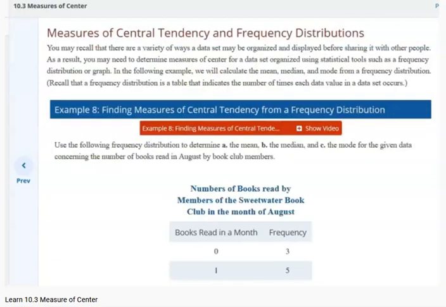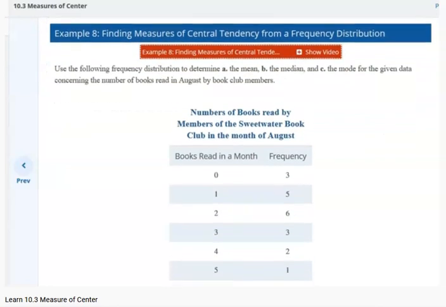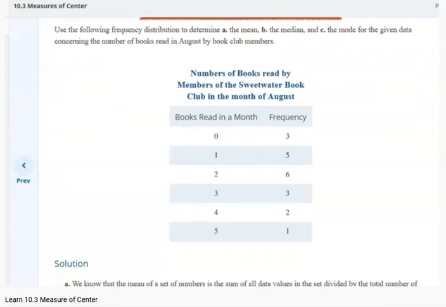Now, in measuring of central tendency and frequency distribution, this kind of example, there are a couple of things to look for and note as we go through it. So this is example 8, and we'll raise it up so we can see the data chart a little better. For this example, they want us to find the mean, the median, and the mode.